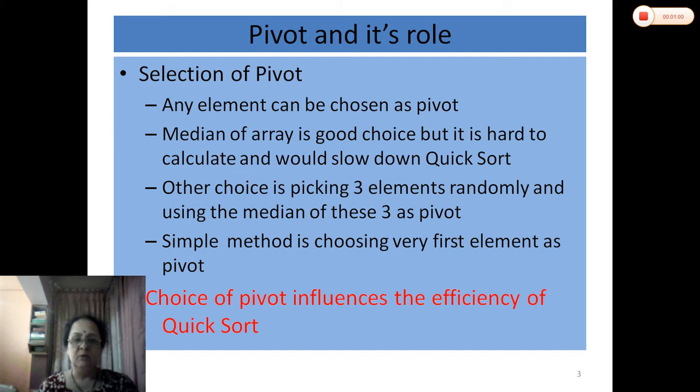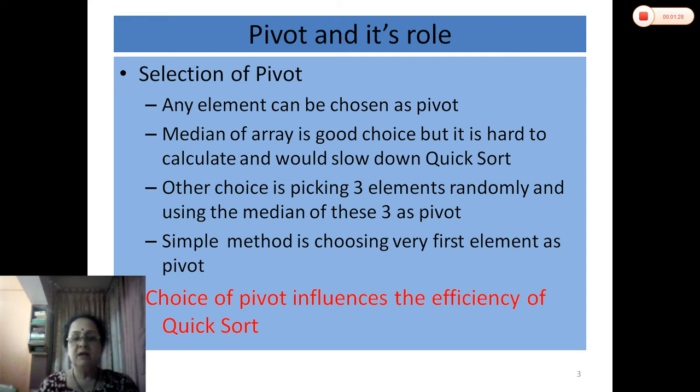Pivot and its role. Firstly, we will discuss the selection of pivot. Any element can be chosen as pivot from the given list of elements. Another method is the median of the array, which is a good choice, but it is hard to calculate and would slow down the quicksort procedure.